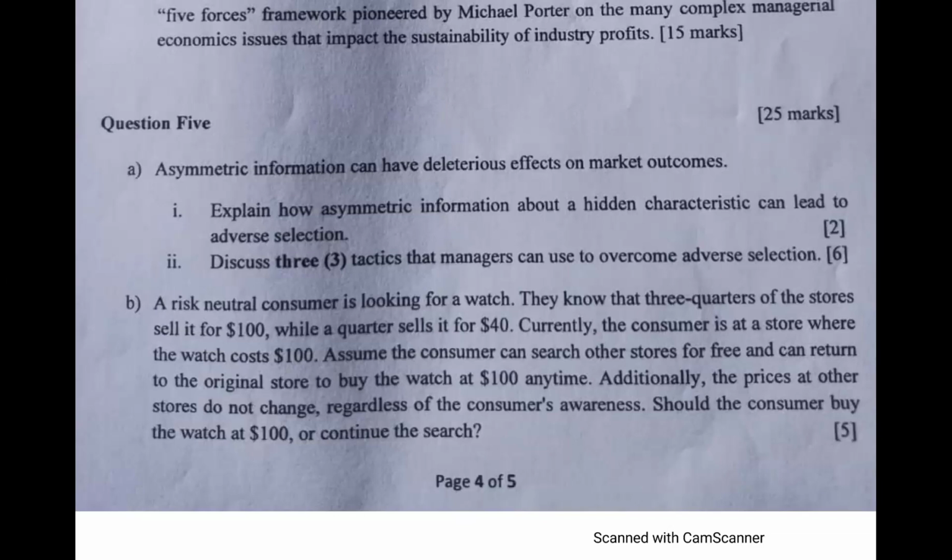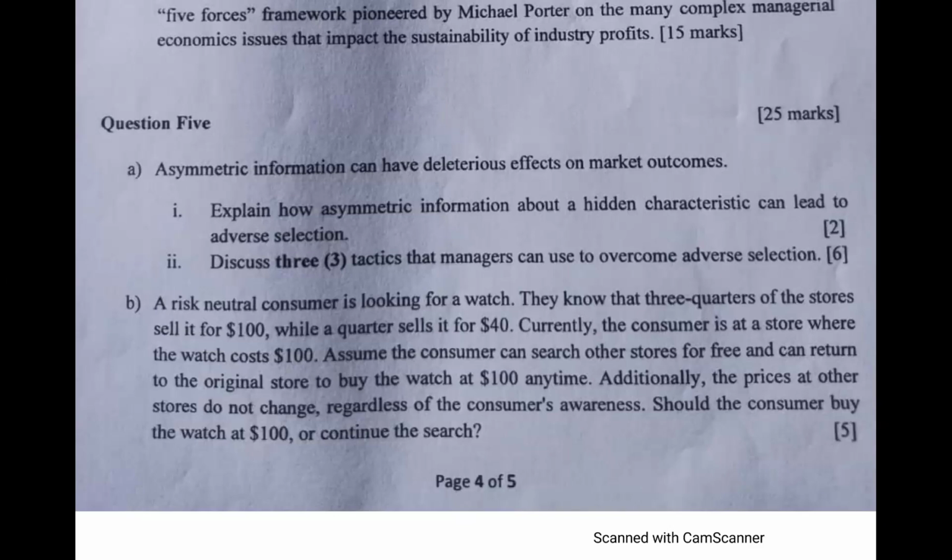For example, in the used car market, the sellers know more about the car's condition than the buyers. As a result, buyers may be willing to pay only an average price that reflects the risk of purchasing a defective car. High quality sellers may then exit the market, leaving only low quality products, leading to market failure known as adverse selection as well.